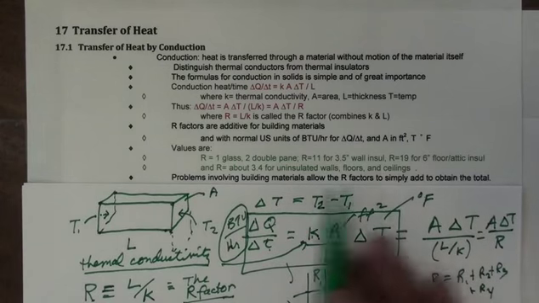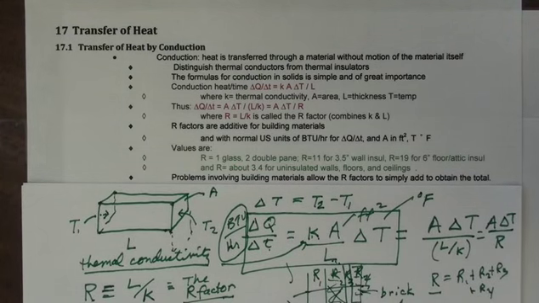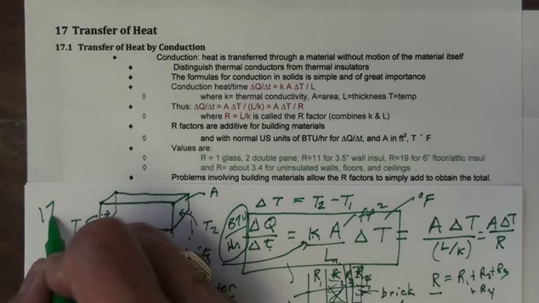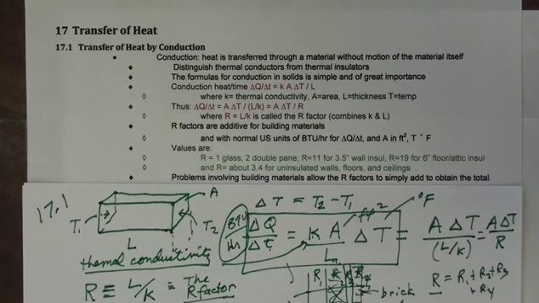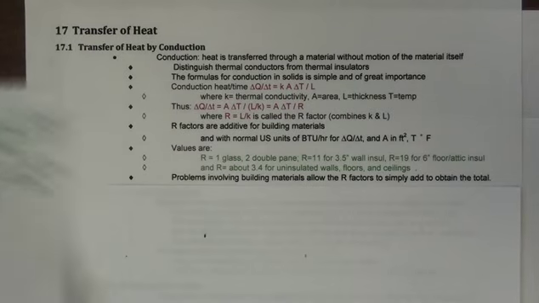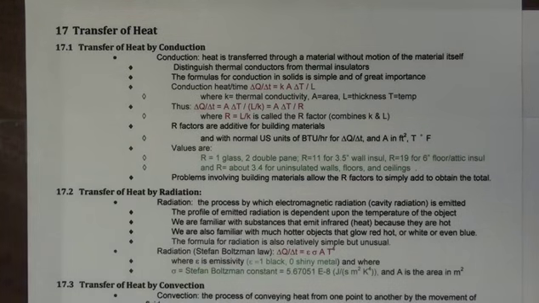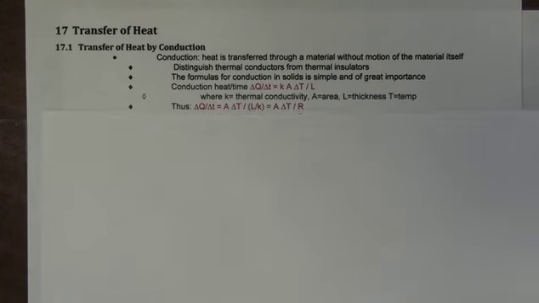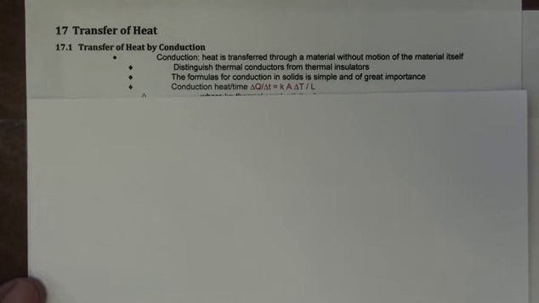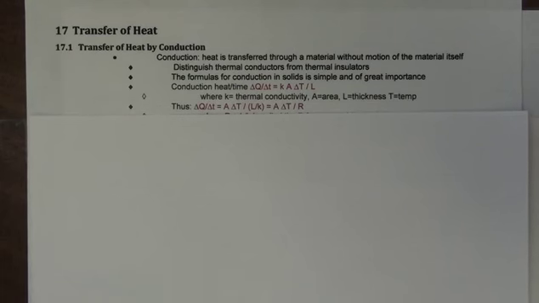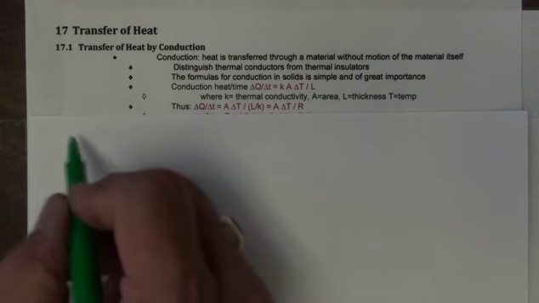Now, how do we actually solve a problem? Okay, let's look at a problem. This is section 17.1. So let's look at how we might solve a problem. What problems might you have on the test that utilize this equation? Well, there's our equation for heat flow. And remember, we're going to use the R values, which gives us this equation here.